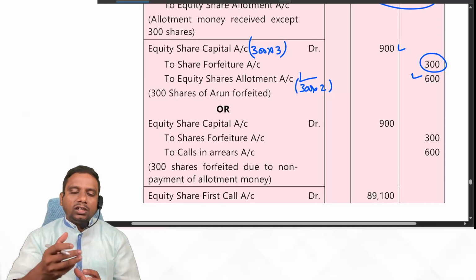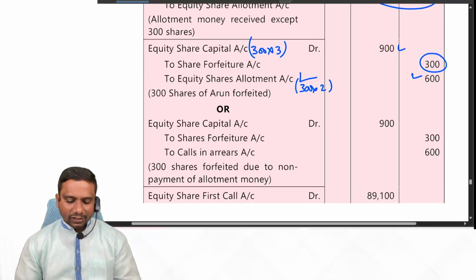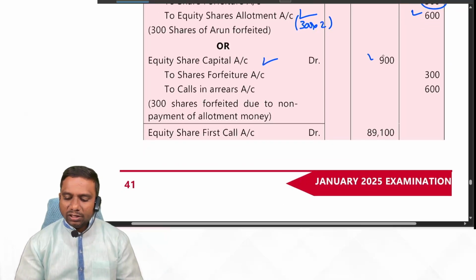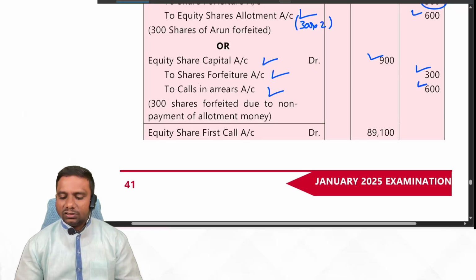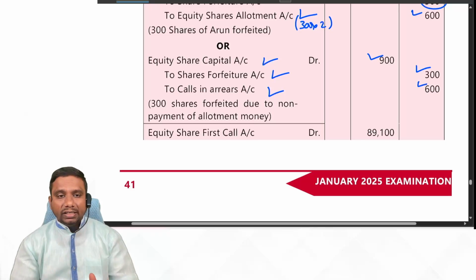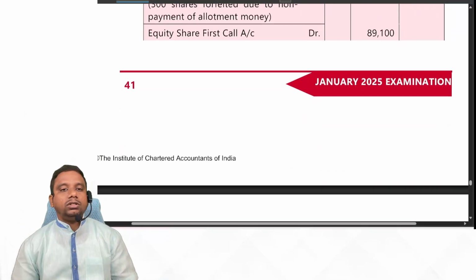Suppose you have already transferred the arrears amount to calls in arrears account, then calls in arrears account is credited. So how will the entry be? Equity share capital account debit 900, to share forfeited, 300, to calls in arrears, 600. Now 300 shares of Arun are forfeited. After that, first call amount due.